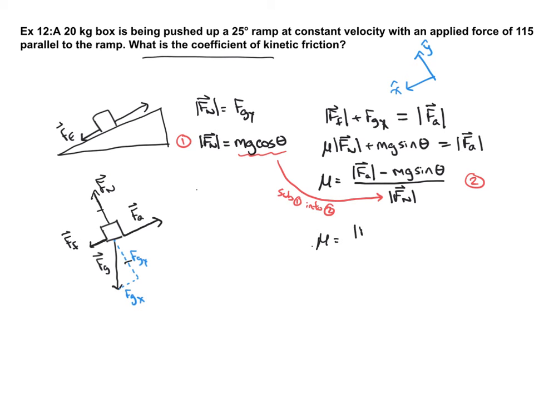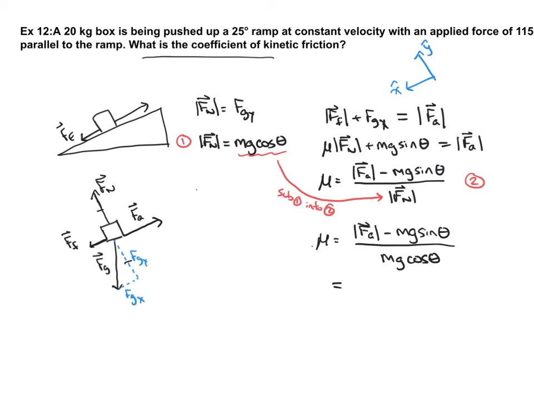Okay, so this is going to be a large expression here. And now I will go ahead and insert the values. I can't really cancel out the mg too well in this case because only one term of the numerator has mg.